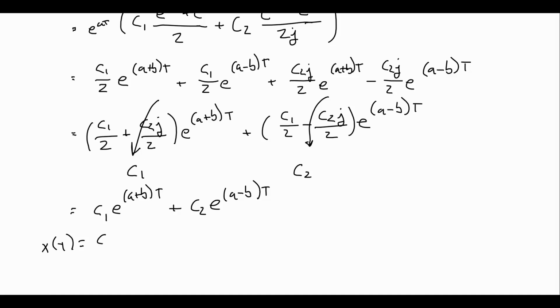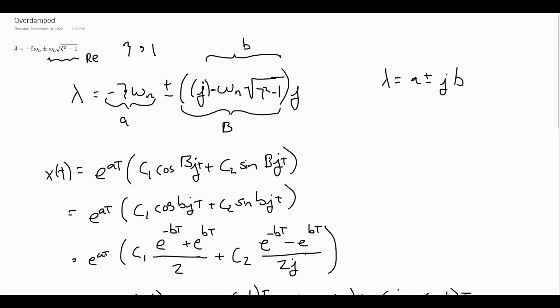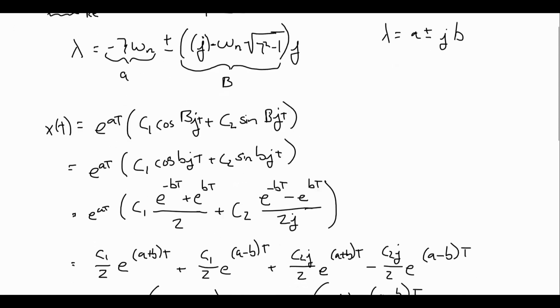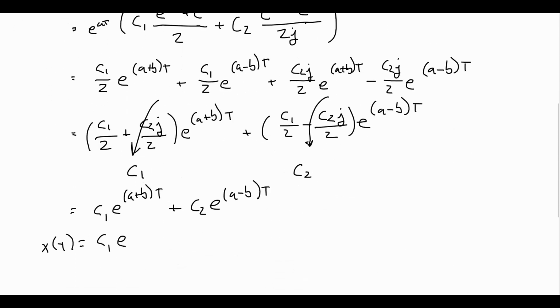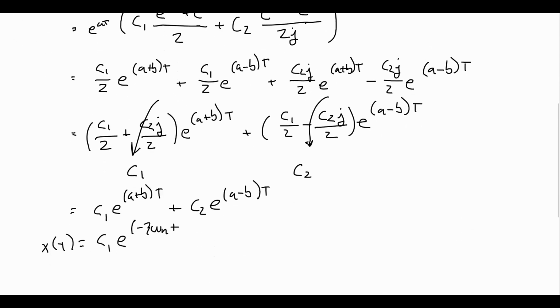And finally, I can put this together with the things that I knew from above of how I defined a and how I defined b. Right, so a was negative zeta omega n plus, and then my b. Here I included the negative sign, so I have omega n times root of zeta squared minus 1.